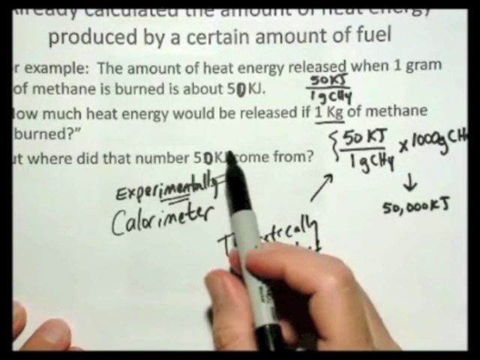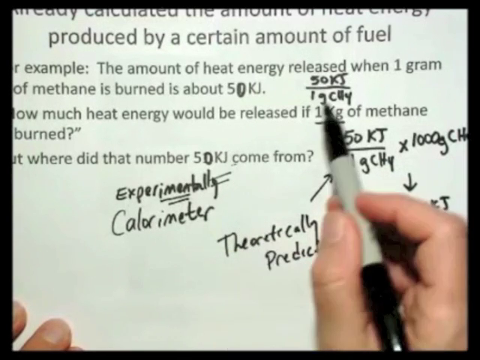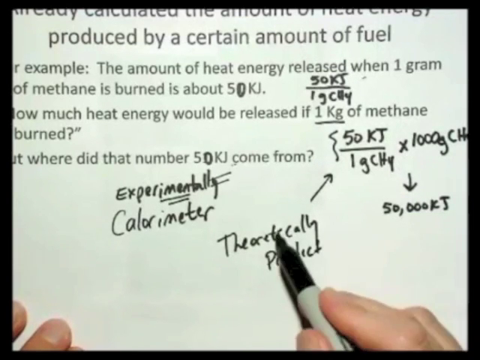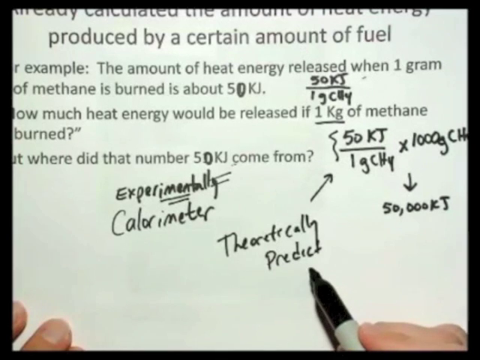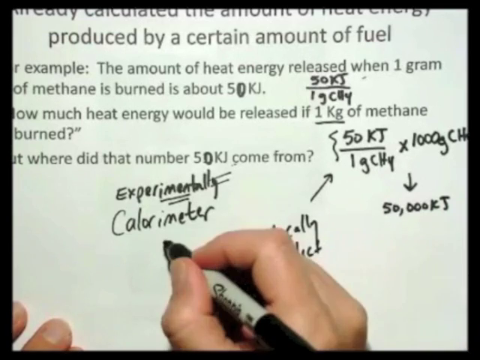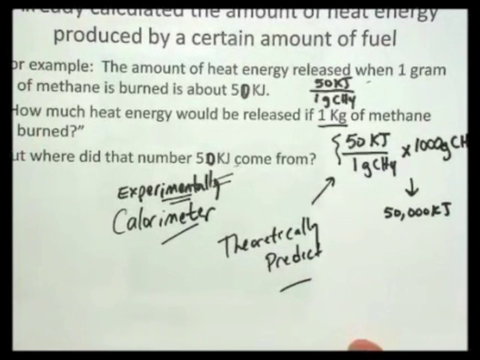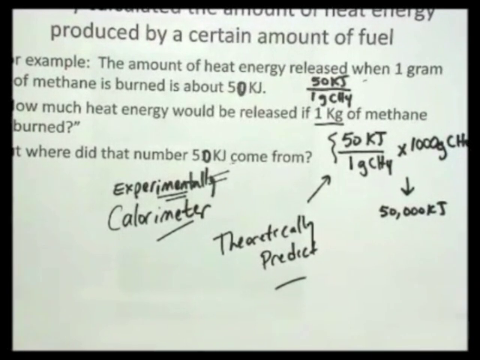So today we're going to look again at how one would experimentally determine this type of relationship, how much heat energy is given off. And then we're going to also take a look in part 2 at how we can theoretically predict, how close those values are between experimental and theoretical, and what's actually going on in a chemical change to cause this heat energy to be given off.